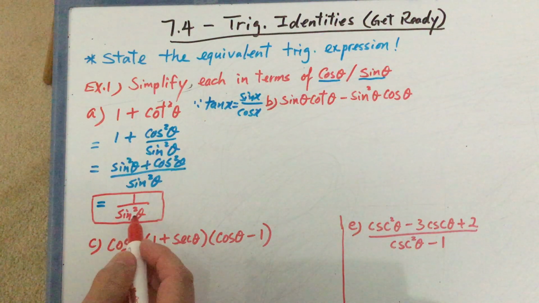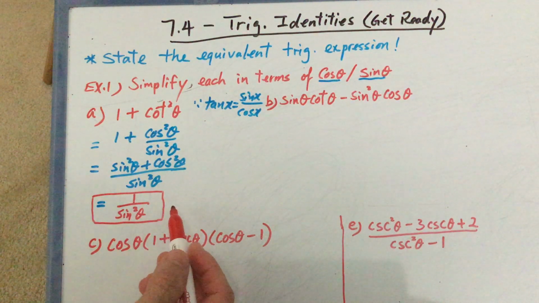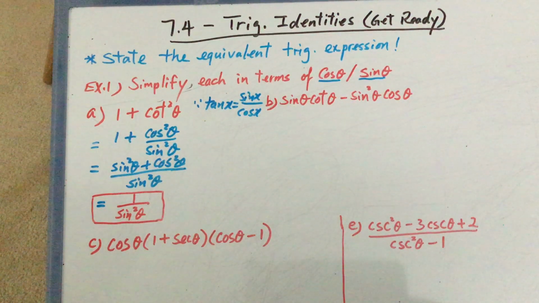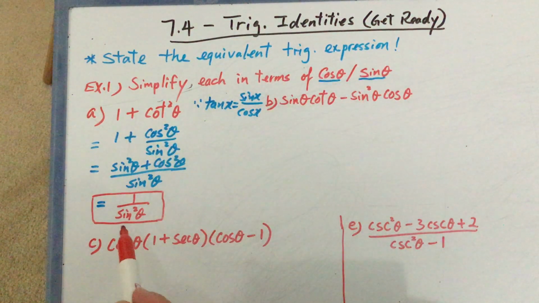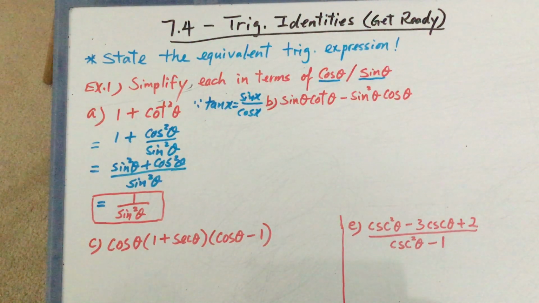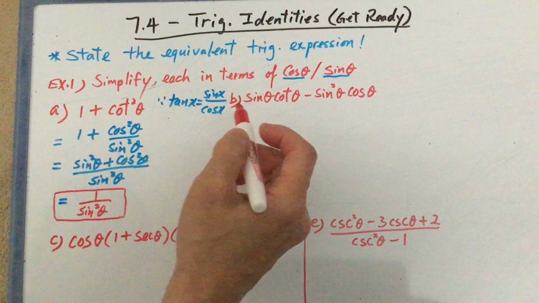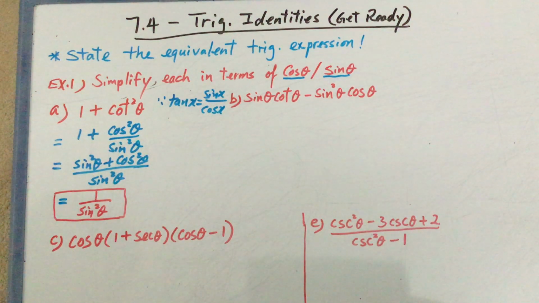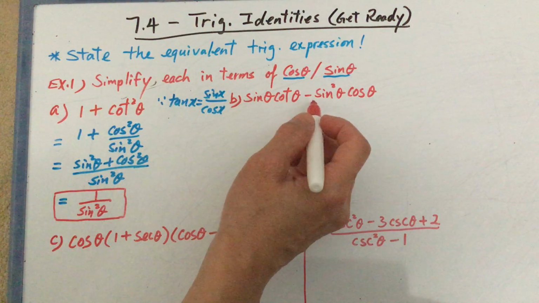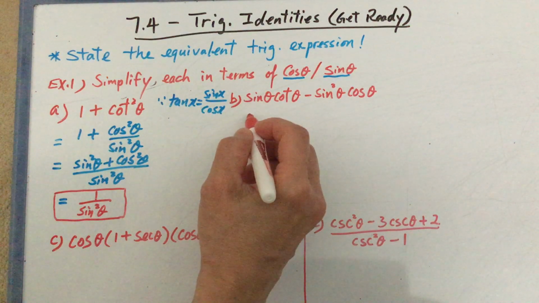So this will be your final answer in terms of sine, unless I have a reason to convert this back to cosine. But since this question is about either cos or sine, this one should be okay just leaving it like that. Now looking at part B, when you have sine theta times cotangent theta minus sine squared theta cos theta, same thing.